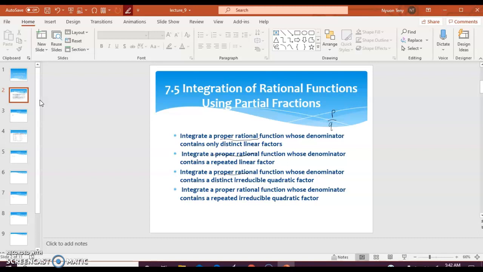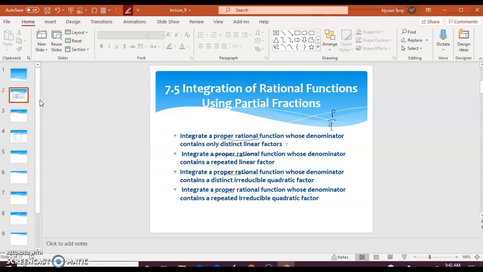So we have 4 cases here that we are going to discuss. First, if I have linear distinct factors in the denominator, I have a formula for that.